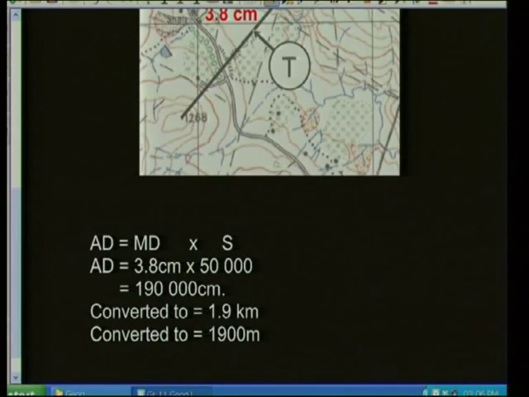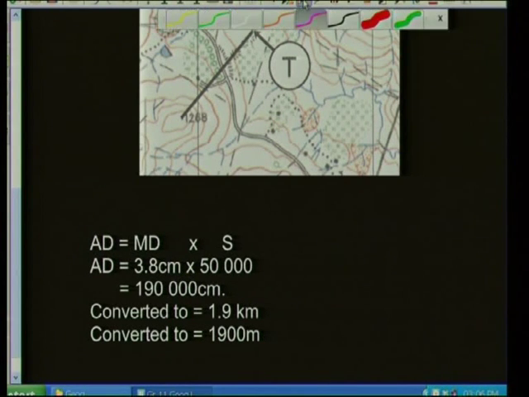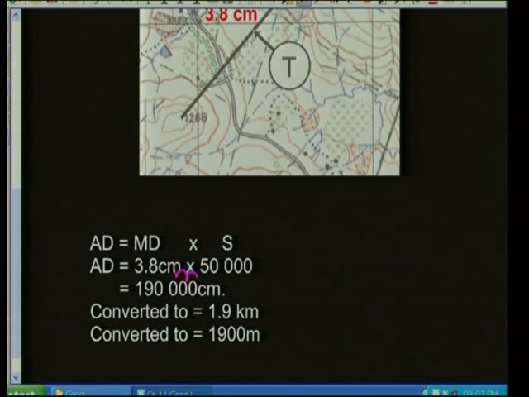In the sense that it's correct, 2 quantities in the same units have to be multiplied, which gives you 190,000 centimeters. And then, of course, when you're converting it to kilometers, you have to move 1, 2, 3, 4, 5, and therefore you've got 1.9 kilometers.